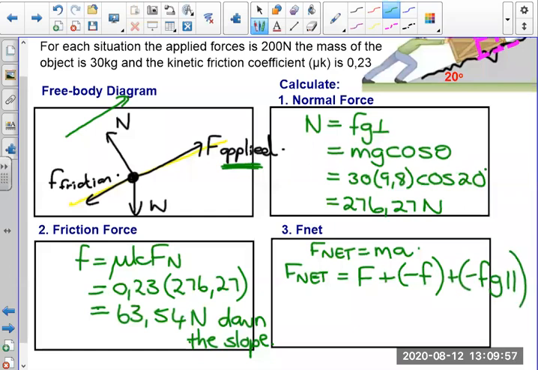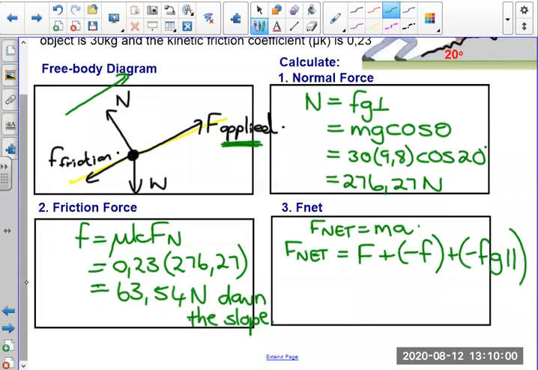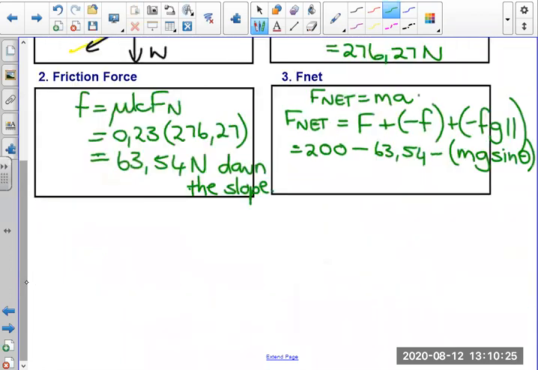Okay. So now I'm going to substitute in. The applied force is 200 minus the friction force we worked out, 63,54. And then how do we work out FG parallel? We work out FG parallel by using mg sine theta. You must know that. And don't forget about FG parallel.